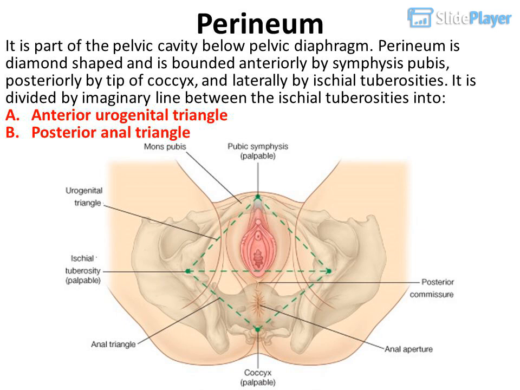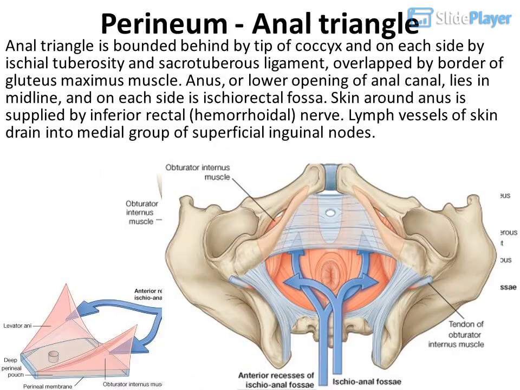It is divided by an imaginary line between the ischial tuberosities into an anterior urogenital triangle and a posterior anal triangle. Perineum, anal triangle. The anal triangle is bounded behind by the tip of the coccyx and on each side by the ischial tuberosity and sacrotuberous ligament, overlapped by the border of the gluteus maximus muscle.